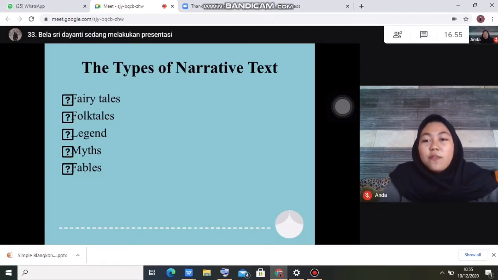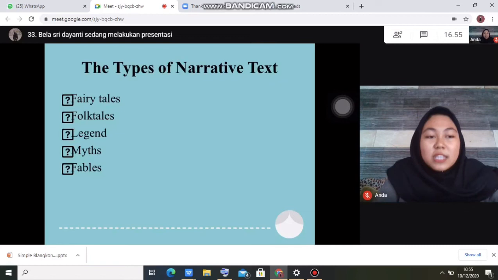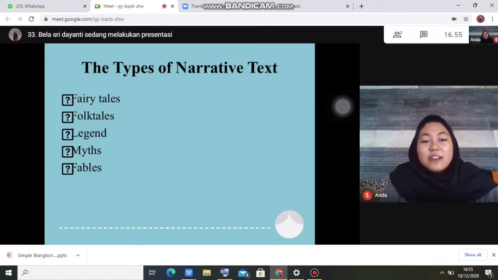The next is folk tales. Folk tales in Indonesia is cerita rakyat. They also originate from oral tradition passed down by the people in ancient times and retold to those who live today.